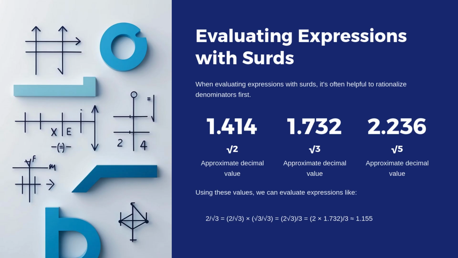Step 3 equals 2√3 divided by 3. This is obtained because the square root of 3 squared equals 3. Step 4 equals 2 times 1.732 divided by 3, approximately equals 1.155. This is obtained by substituting the approximate decimal value of √3 and performing the calculation.